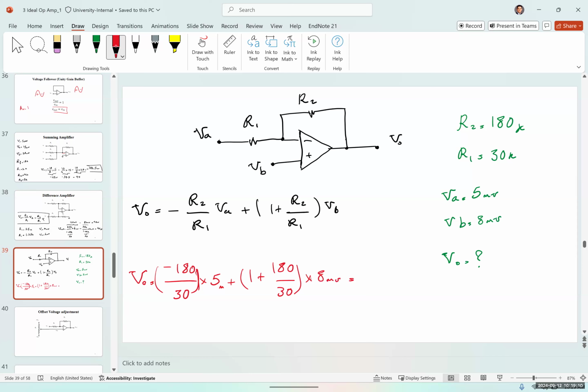So 180 over 30, what does it give us? 6, thank you. So negative 6 times 5 is negative 30 millivolts. 6 plus 1 is 7, 7 times 8 is 56. So negative 30 plus 56 gives us 26 millivolts.